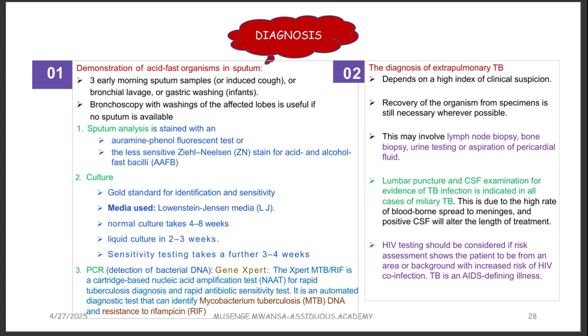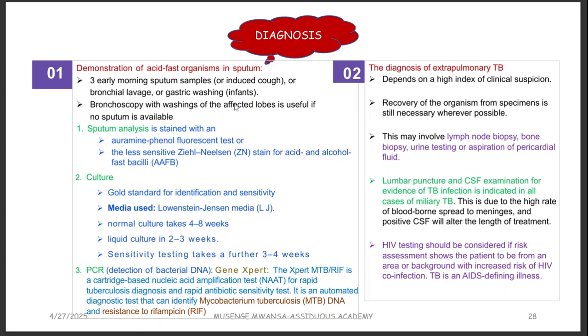So for TB, you can get sputum, and then you look at different things in that sputum. So it's very important to know how you get this sputum. You get three early morning sputum samples, or induced cough, or a bronchial lavage, or gastric washing for infants.